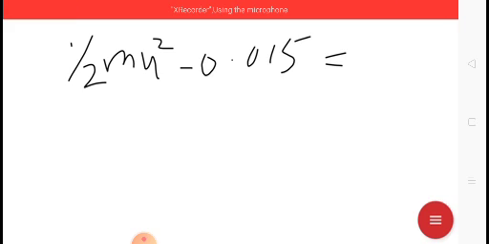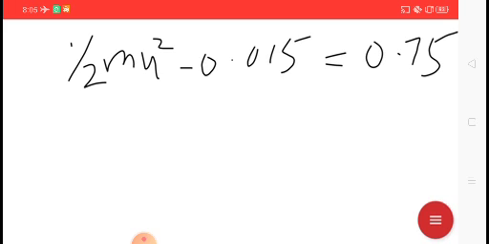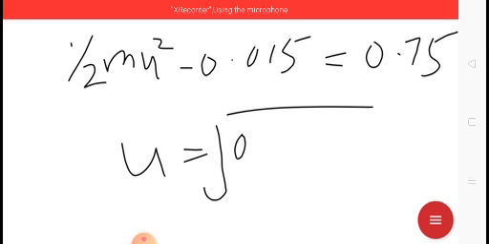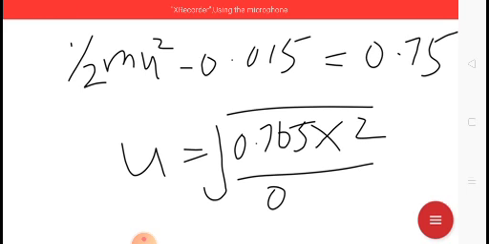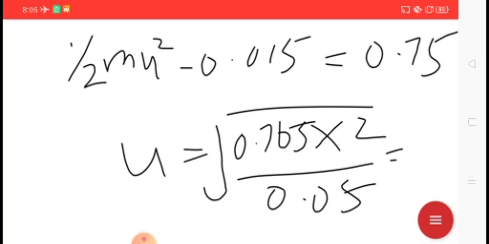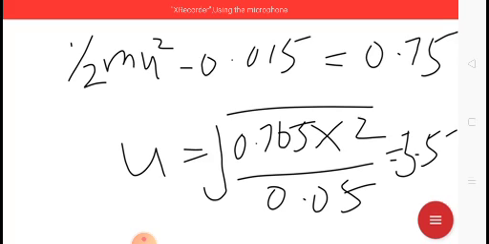And the right hand side, KE equal to 0, then you only have the PE, 0.75. You simplify and u equals the square root of 0.765 times 2 over 0.05. So you will have 5.53 meter per second.